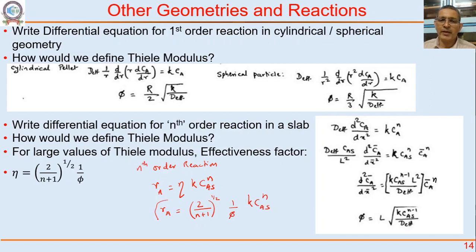This is how we would write the rate of reaction for an nth order reaction, considering pore diffusion and reaction inside the pellet, and this phi is coming from here. The rate constant is known, the order n is known, so I can write the rate in terms of these. All right, so this is how we would use it for nth order reaction.